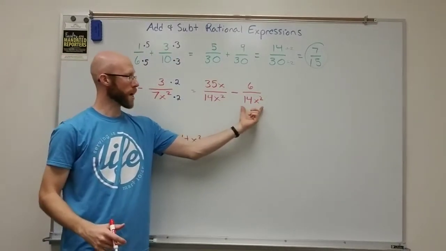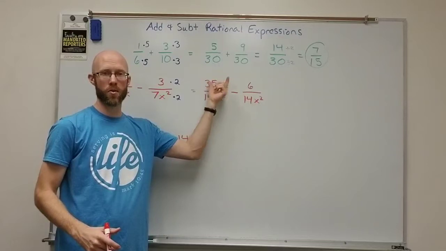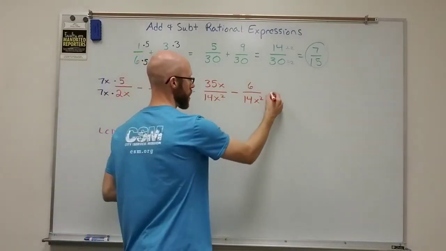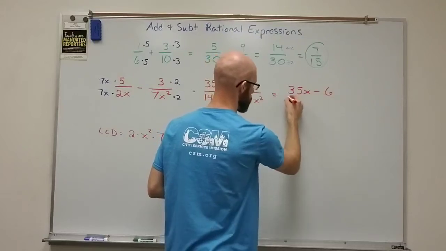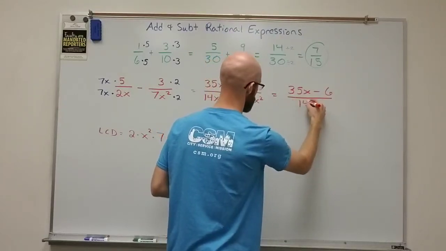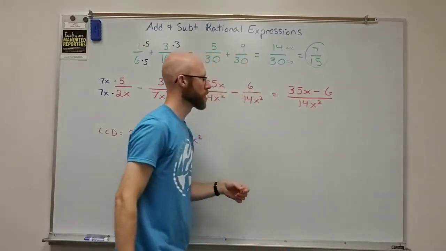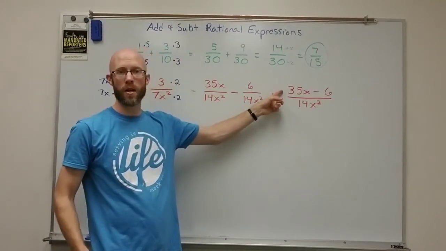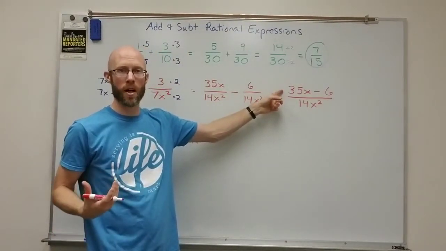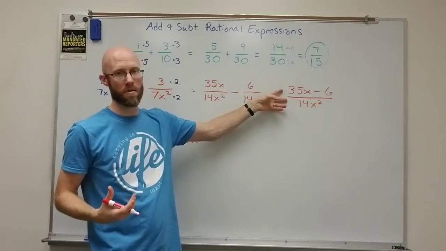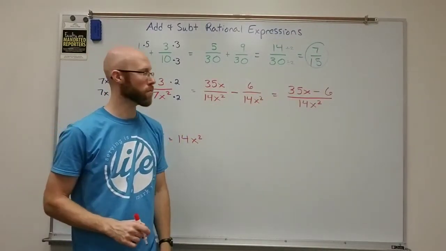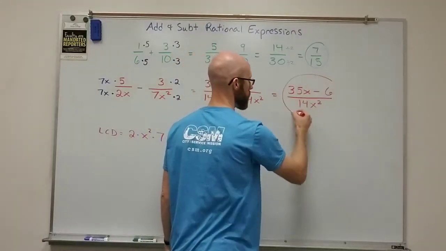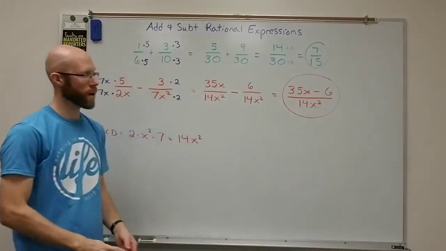Now we have our common denominator, so all we really have to do is combine the numerators, and we'll get 35x minus 6 all over 14x squared. Now here I do not have any way to factor. There's no common factor to pull out. There's no other way to factor these. Okay, and so we have our most simplified form, and that would be our final answer.